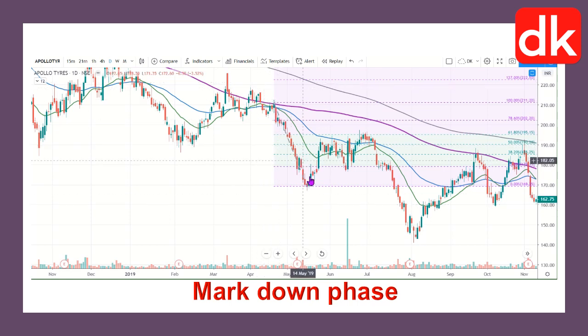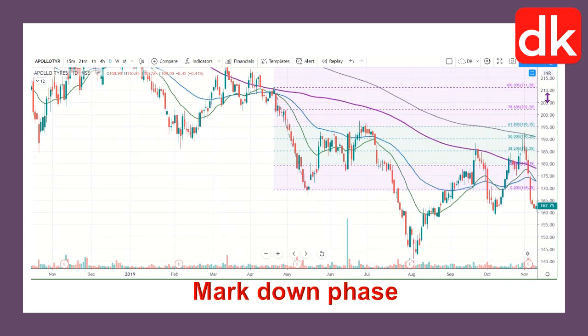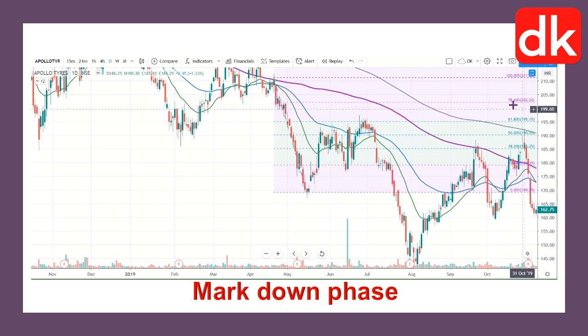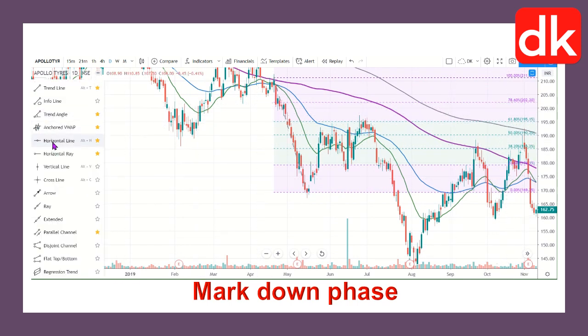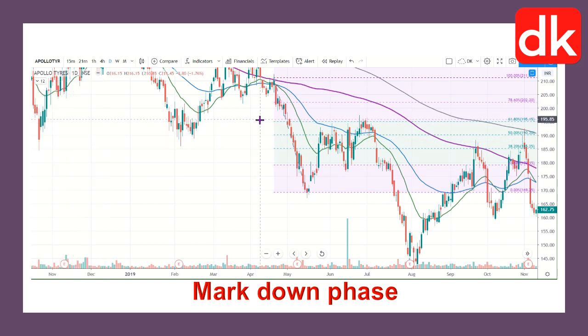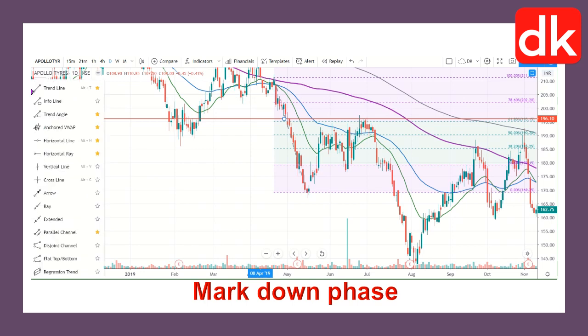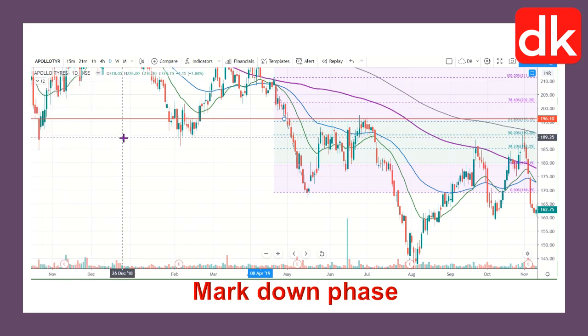Here the retracement halted at the 61.8% retracement level, which is the golden ratio. I am drawing one horizontal line for a better understanding, and one more line.